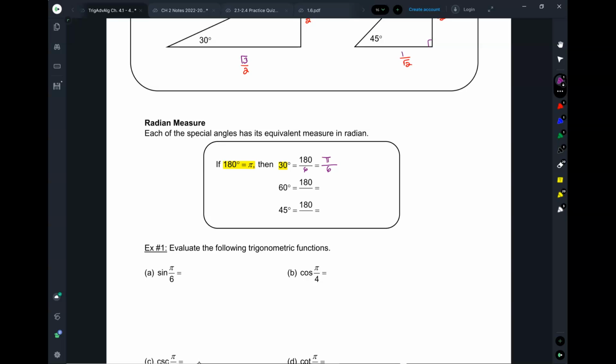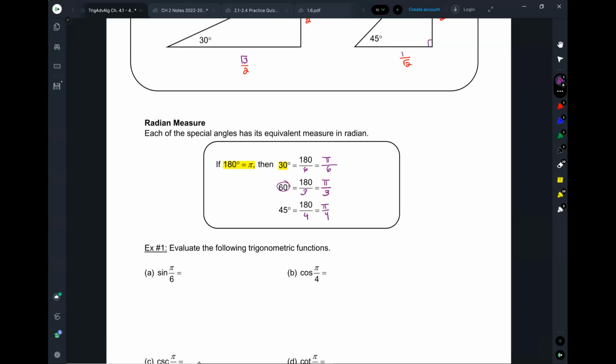Do you follow that logic? Look at this one. How do you get 60? You take 180 and divide it by 3. Since 180 and pi are the same, it would be pi divided by 3. So that's how you know pi over 3 is 60 and pi over 6 is 30. 45, how do you get 45? If you divide 180 by 4, that's the same as pi over 4.